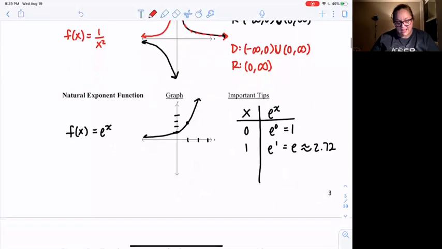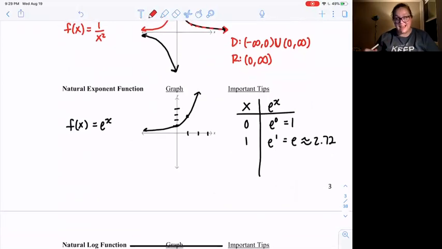So the natural exponent is the e to the x. So the e to the x, you're wanting to memorize this because it comes up so much. So some things that I have students write down is the graph and the table. So when x is equal to 0, you have e to the 0, which is 1.